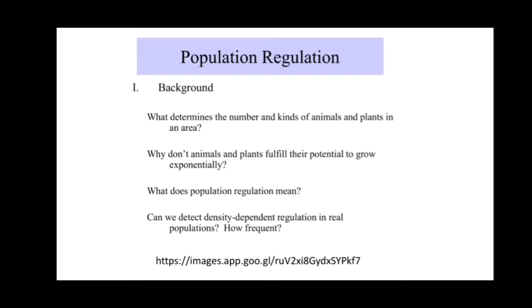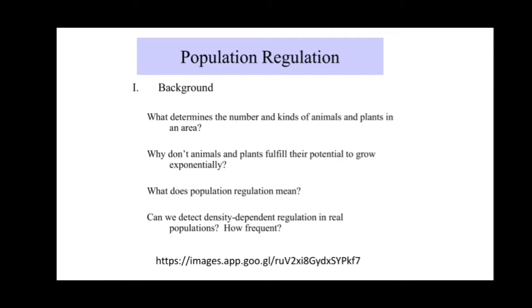These factors include weather, natural diseases and pollution. An individual deer will be killed in a forest fire regardless of how many deer happen to be in that area. So the chances of survival are the same whether the population density is high or low in the case of density independent factors.